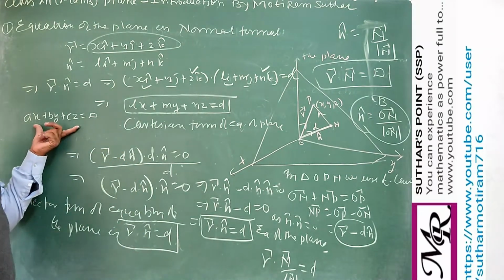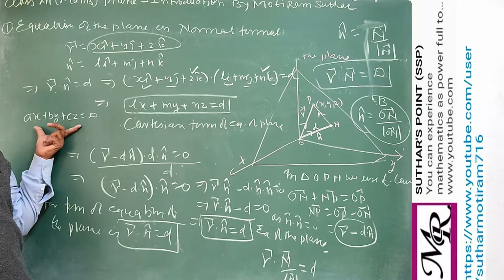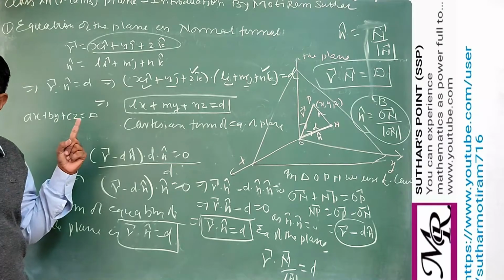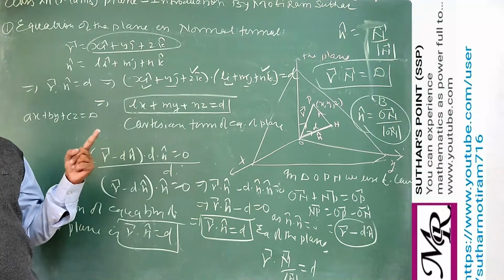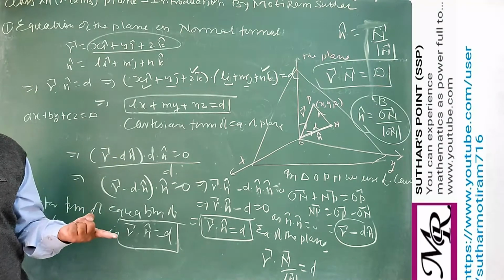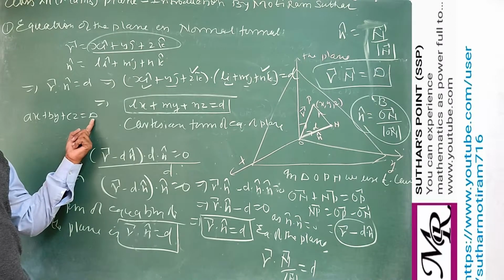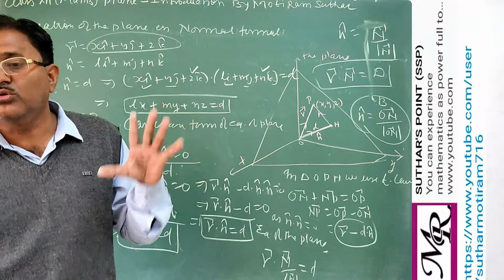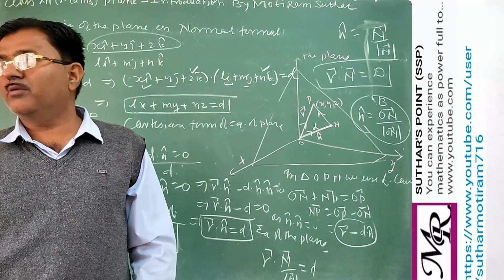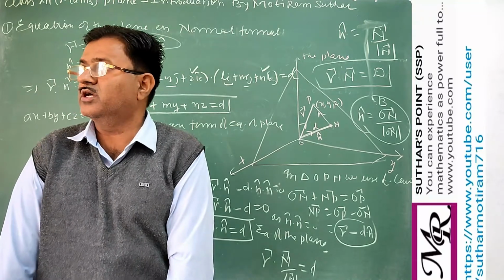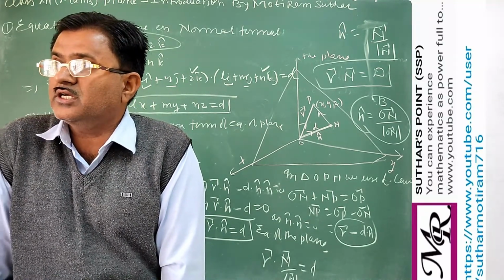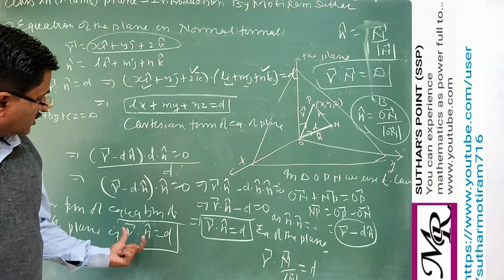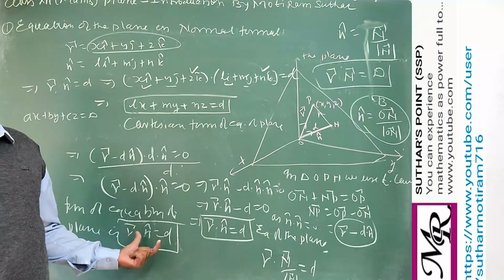Now suppose this is the given Cartesian form of the plane, where a, b, c are called the direction ratios of the normal to the plane. Capital D is not the distance from the origin. So to find the distance of the plane from the origin, it is very necessary to convert the given plane into this standard form.